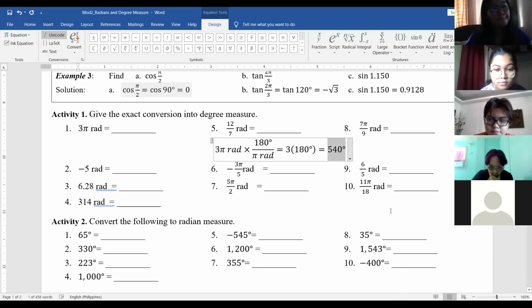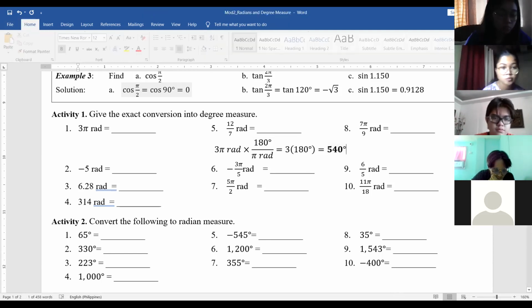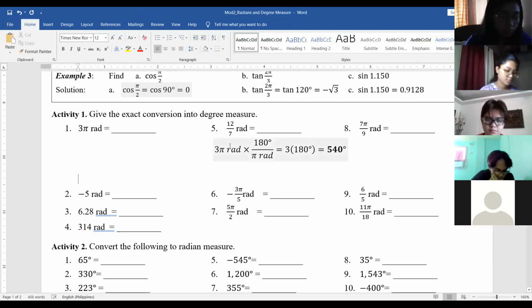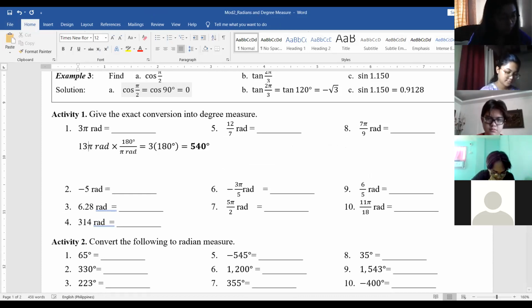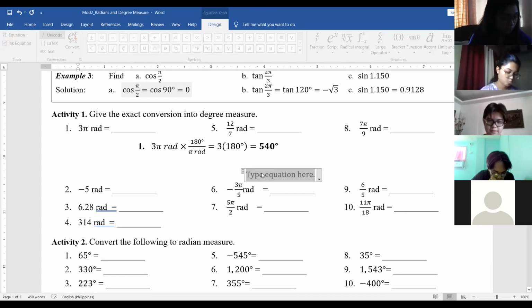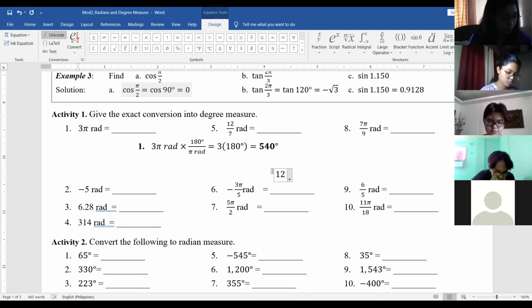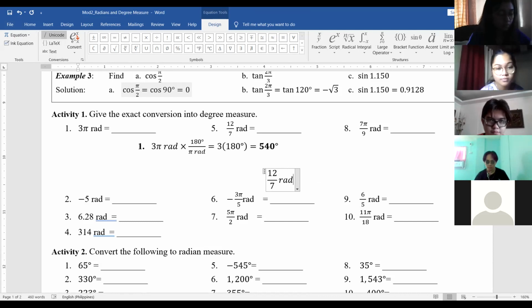So that's how you solve problems in activity 1. But there's a but. You notice number 5. This is number 1. If you look at number 5, it is 12 pi over 7 radian. What is the difference between the given in number 1 and the given in number 5?